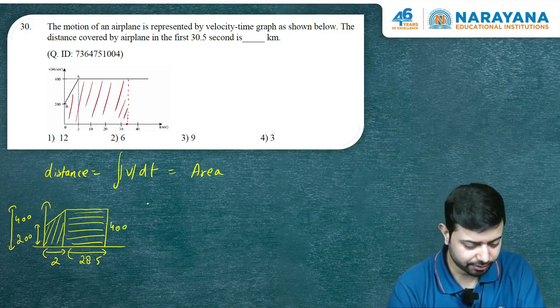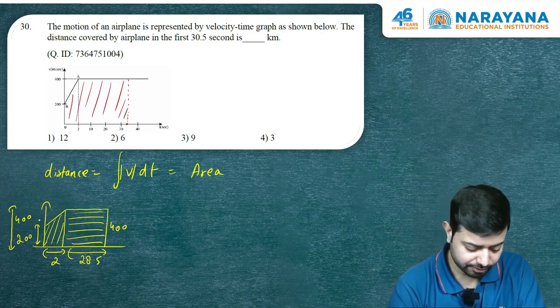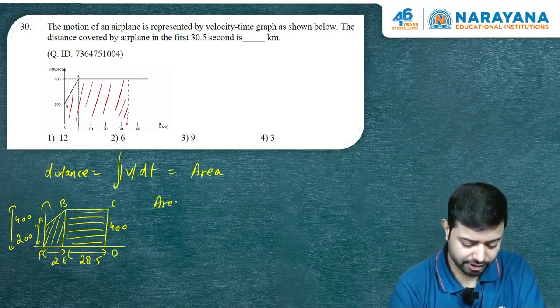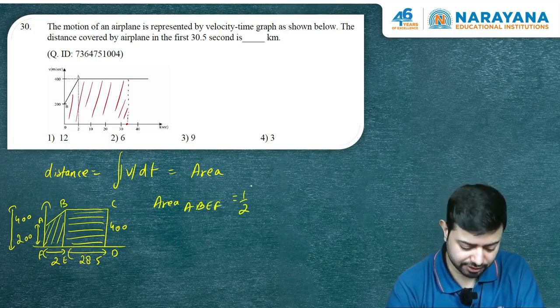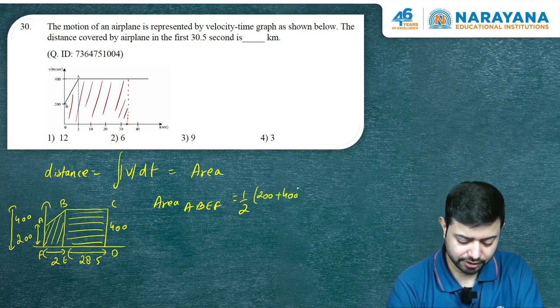So area of the trapezium, you can name it A, B, C, D, E and F. Whose area am I talking about right now? A, B, E, F: half into the sum of parallel sides, which is 200 plus 400, into the height between the two parallel sides, which is the distance 2.